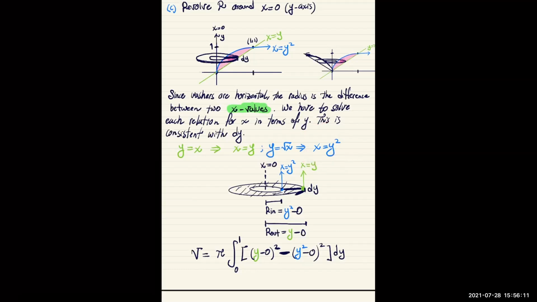But in 99.999, almost 100% of cases, solving for x is a pain in the neck. It's really hard. Imagine for a moment that your function here was, say, x squared plus 2x.